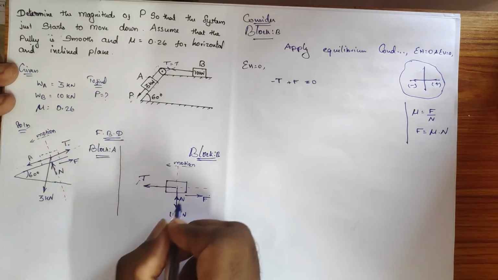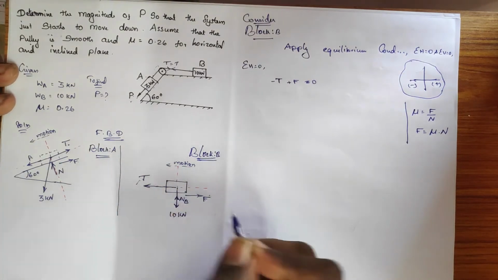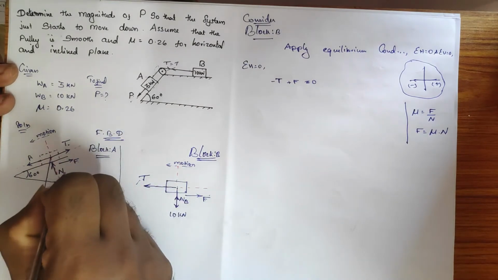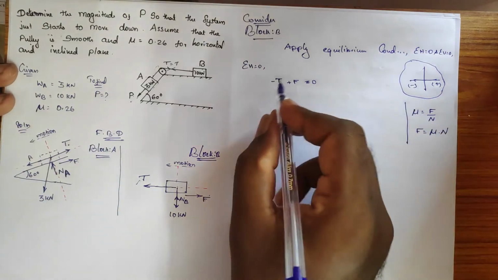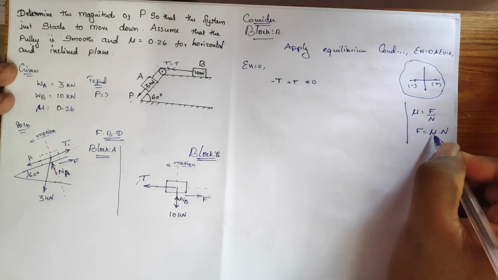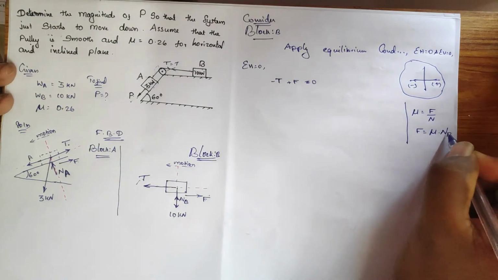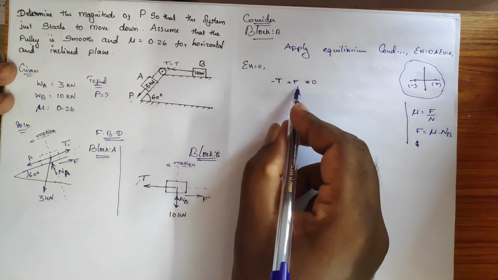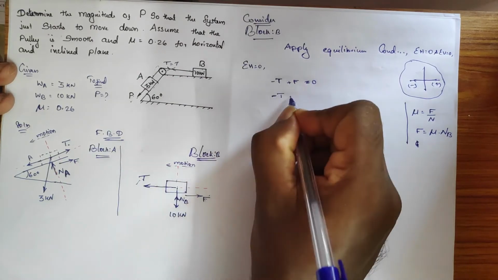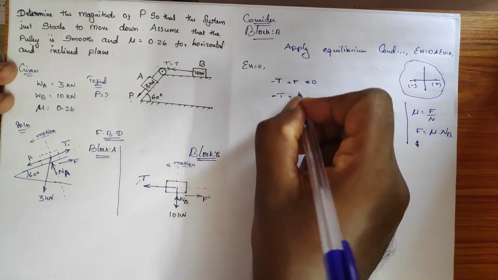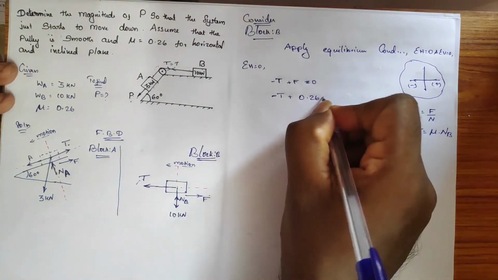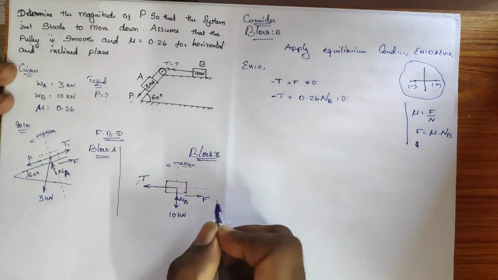When we are considering the normal reaction at block B, it will be N_B, and when considering block A, it should be N suffix A. Okay, so here we are dealing with block B, so friction force is equal to mu into N_B. So if I substitute over this equation, minus T plus 0.26 into N_B, which is equal to 0.